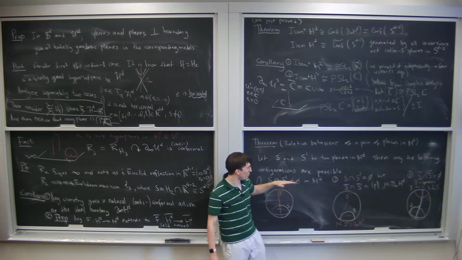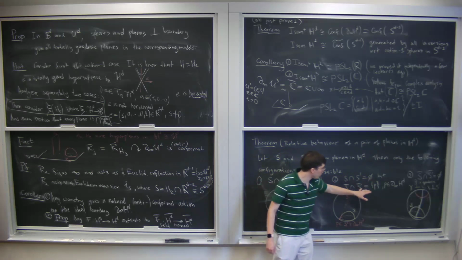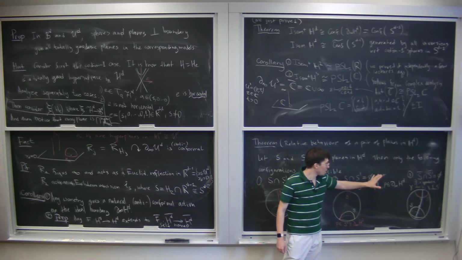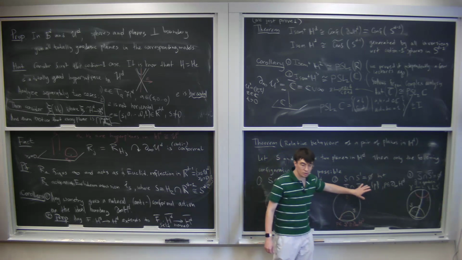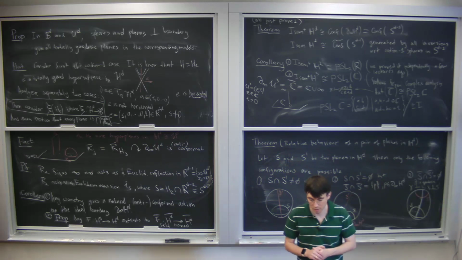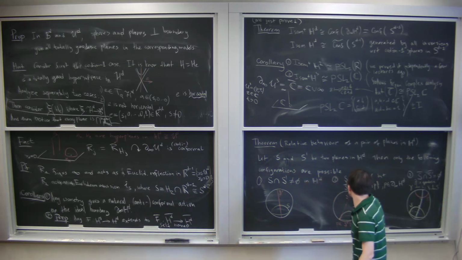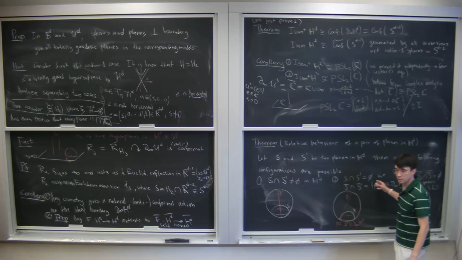But then you take the two compactifications, consider their intersection, and suppose that it contains at least 2 points, P and Q. Then you have a unique geodesic connecting these 2 points.